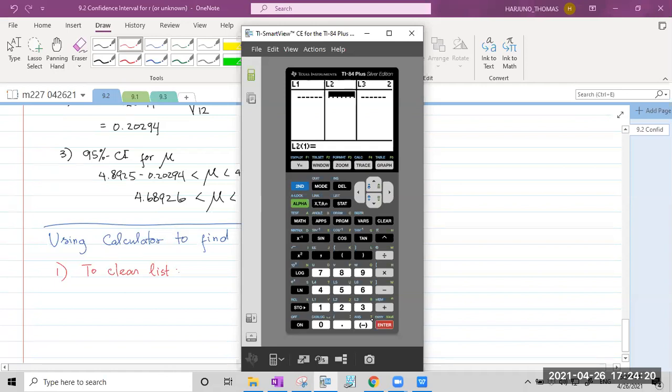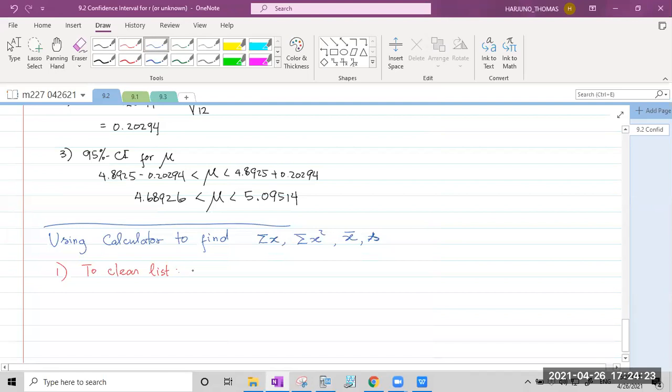Okay, so to clear list, what you need to punch, you go to stat and then edit. Usually you're already in the edit mode, and then clear list.